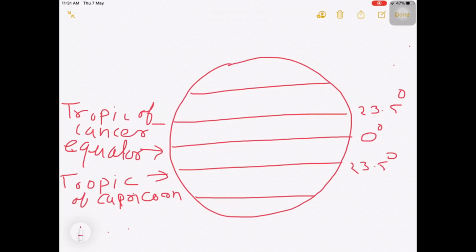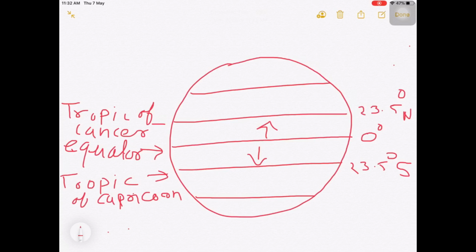One thing you need to remember: the Tropic of Cancer is upside and the Tropic of Capricorn is downside. All the lines below the equator will be marked with the letter S, and those above the equator will be marked with the letter N.